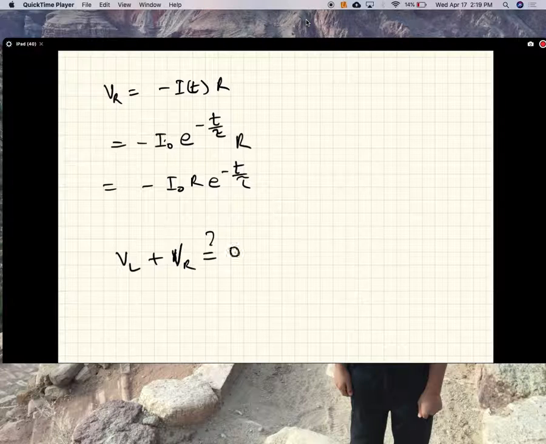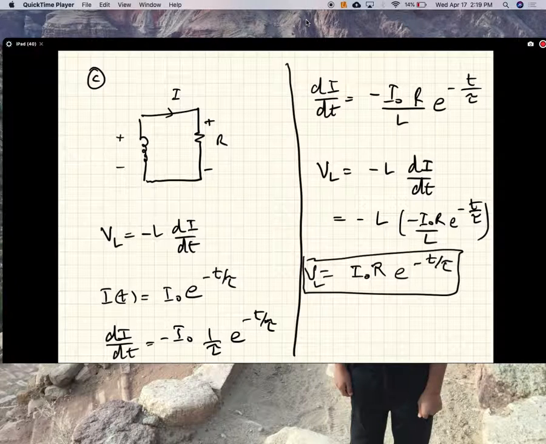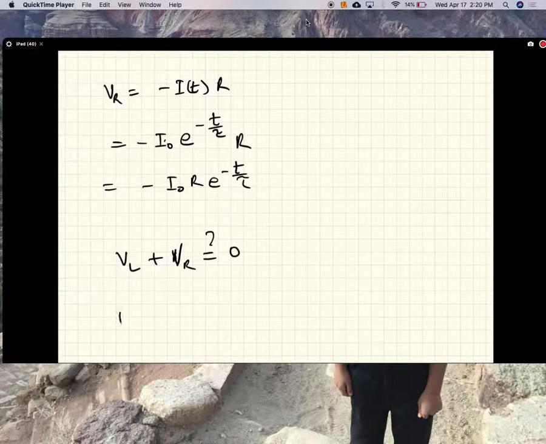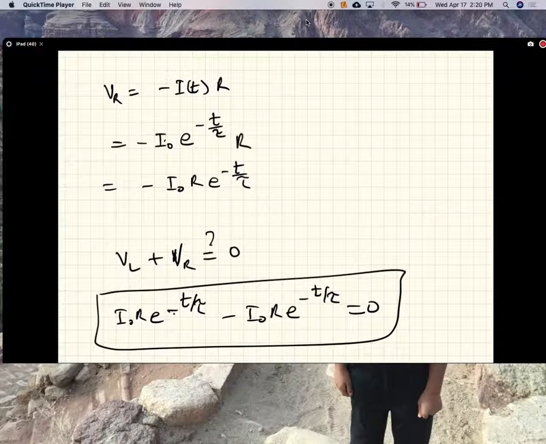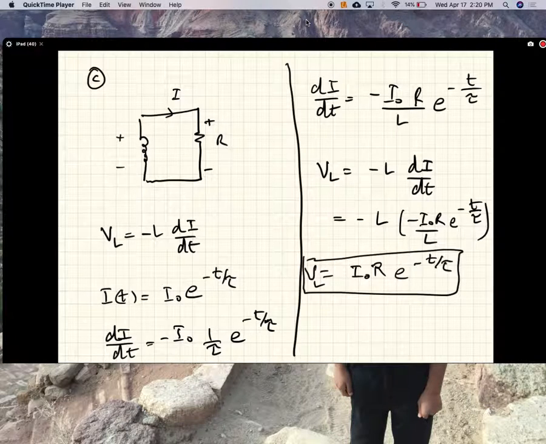Is this equal to 0? VL is I naught R e to the power of minus t by tau, and VR is minus I naught R e to the power of minus t by tau, and that's identically 0. So the sum of the voltages across this plus that is 0 at all times.